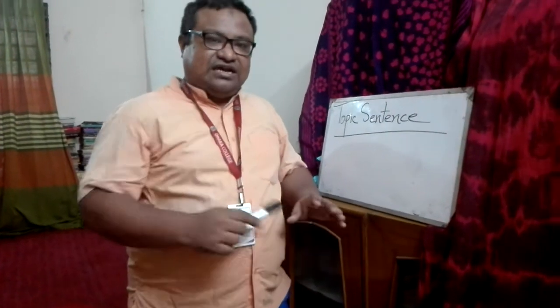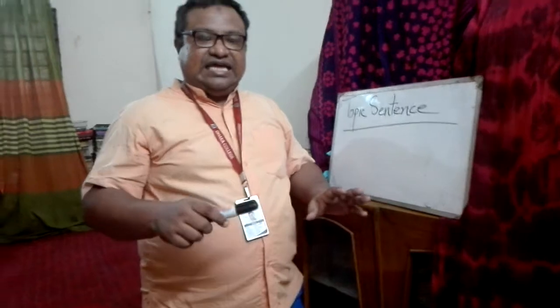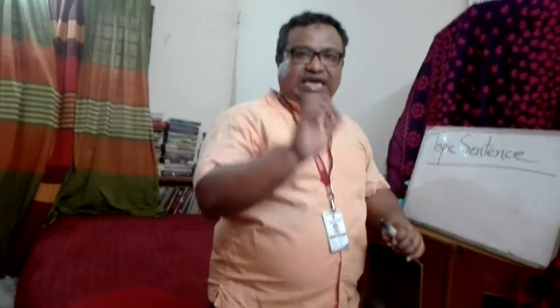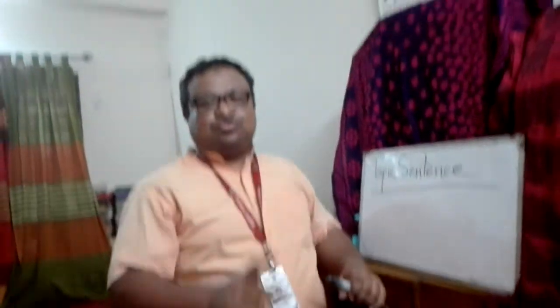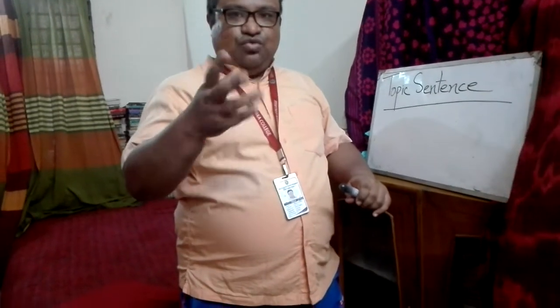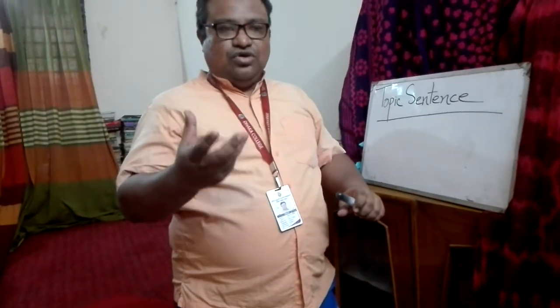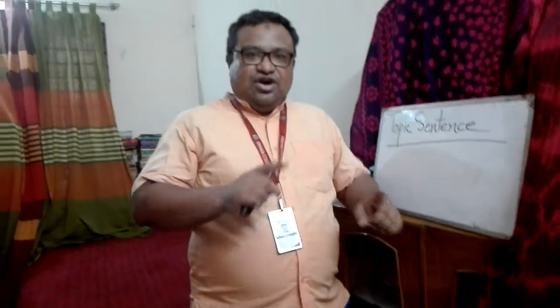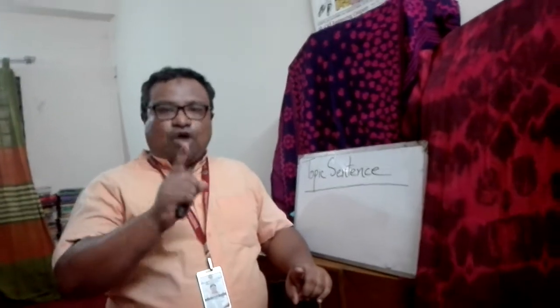These paragraphs used to start like, the cow is a domestic animal. So it is the topic. We have been introduced to the topic here, that we are speaking about the cow. So what is a topic sentence? A topic sentence is the sentence which introduces us to the topic of a paragraph.